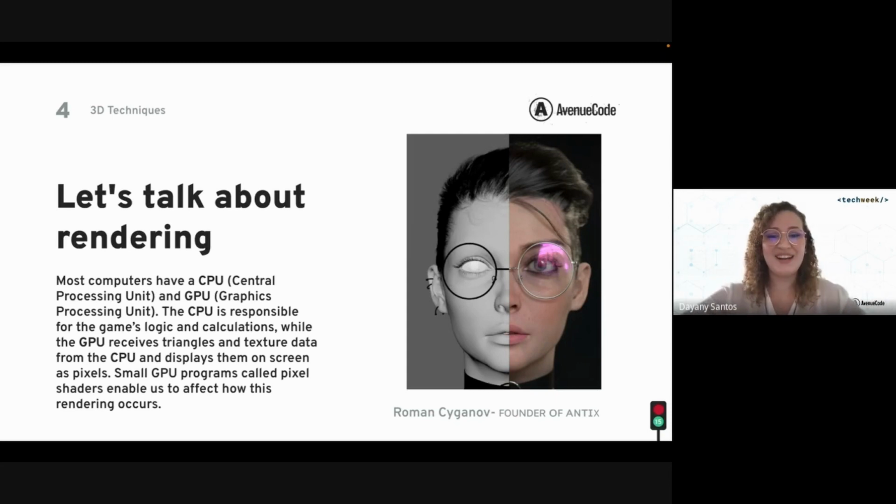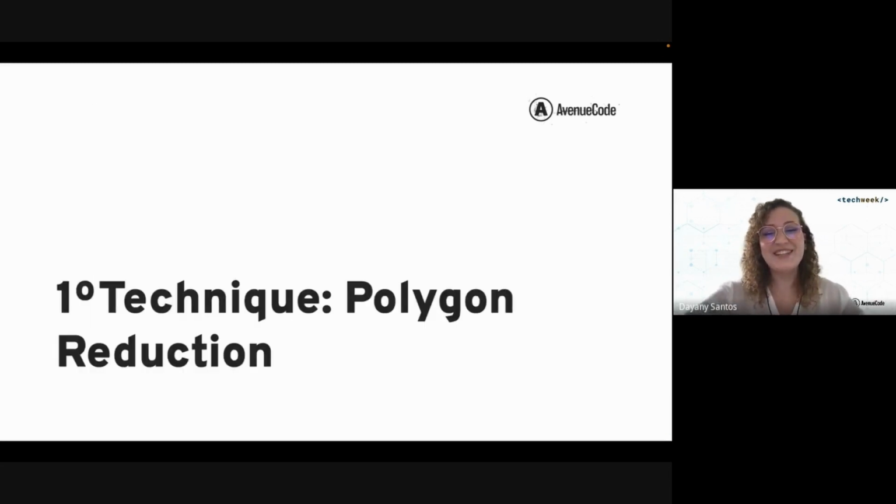Why am I talking about CPU and GPU? It's very important to know the impact of the triangles and the textures on the GPU, so you can understand how important it is to know these techniques. Right. So the first technique is Polygon Reduction.